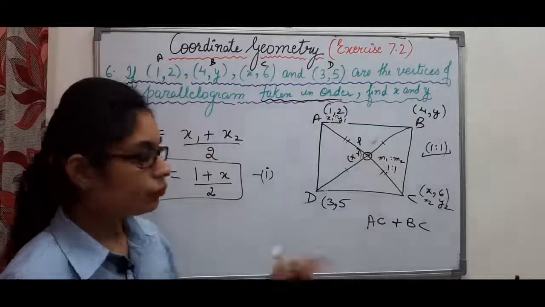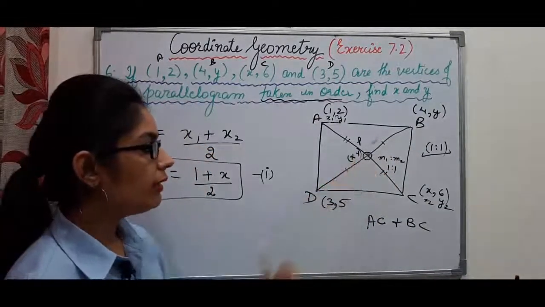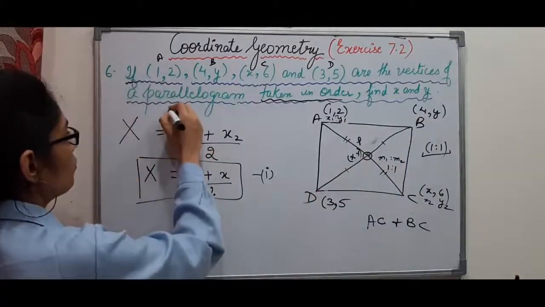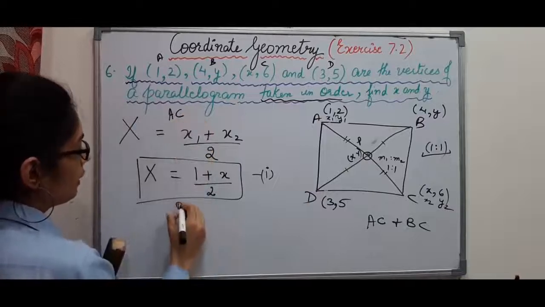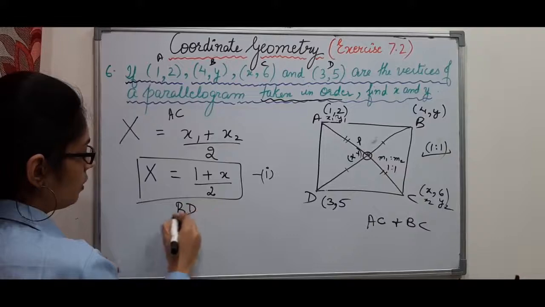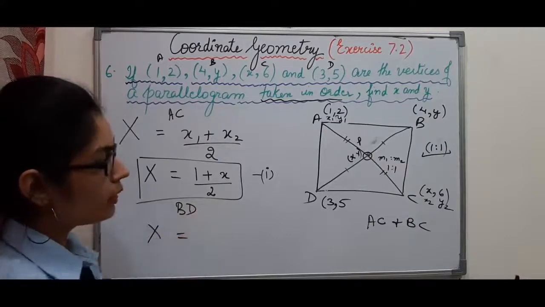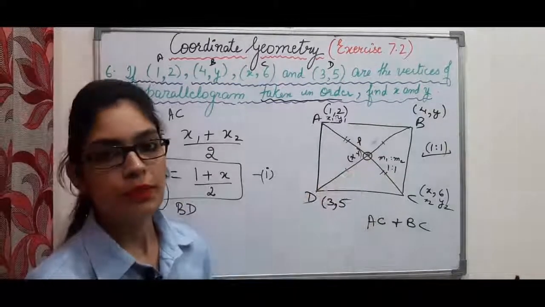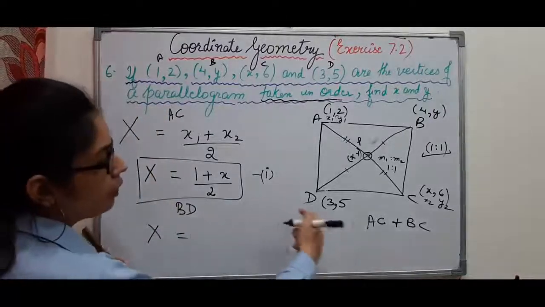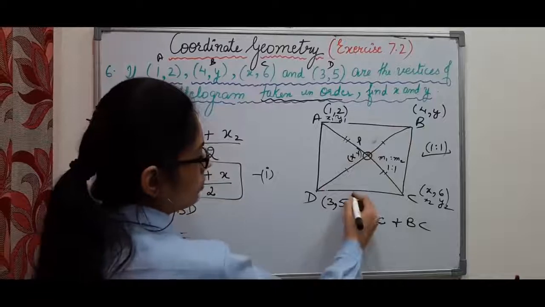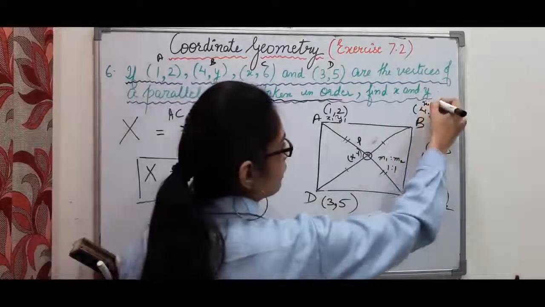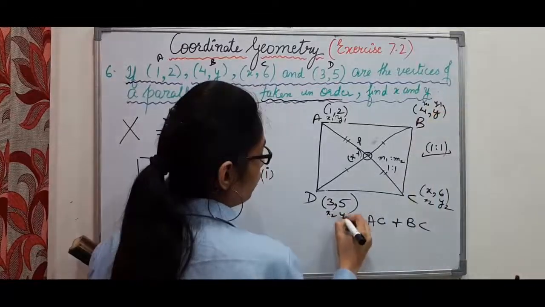Now let's find the value of this x coordinate by taking line BD. This point is common for both the lines, which means its coordinate will also be the same. So for line BD, let's take this as x1, y1 and this as x2, y2.